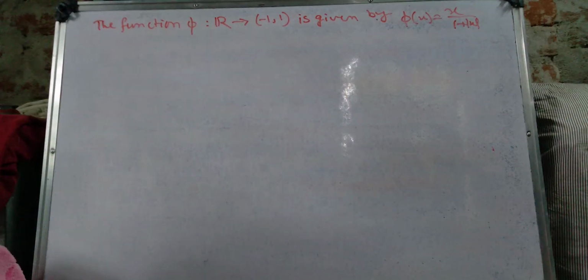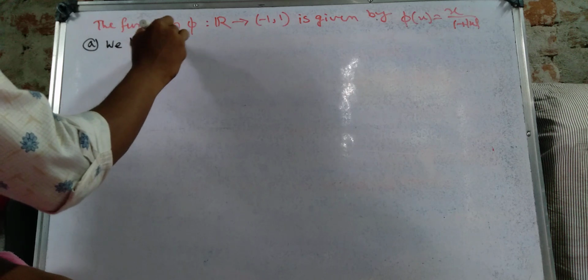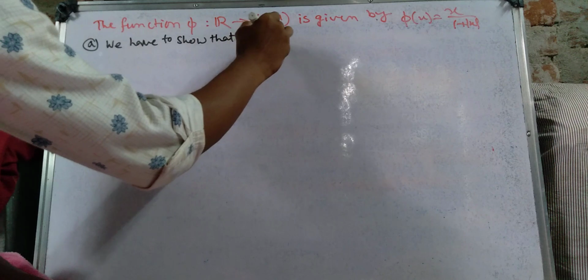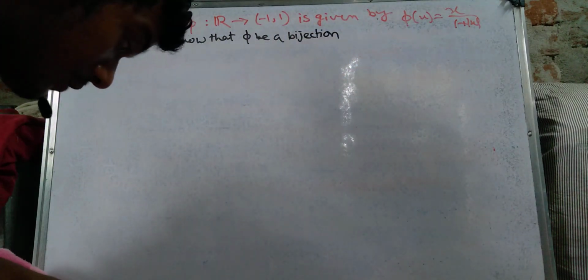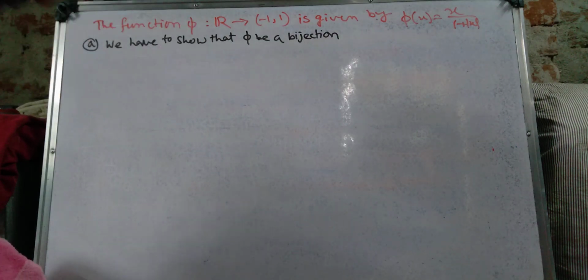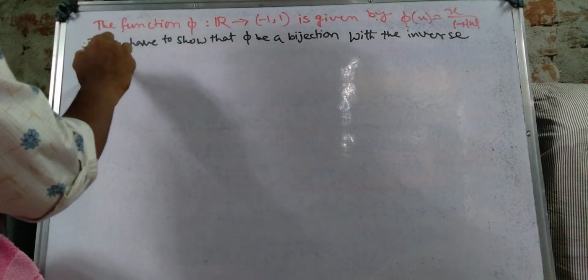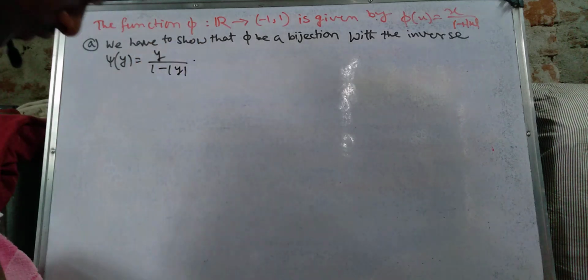Then we have to show that, first, phi is a bijection with the inverse psi(y) equal to y by 1 minus mod y.